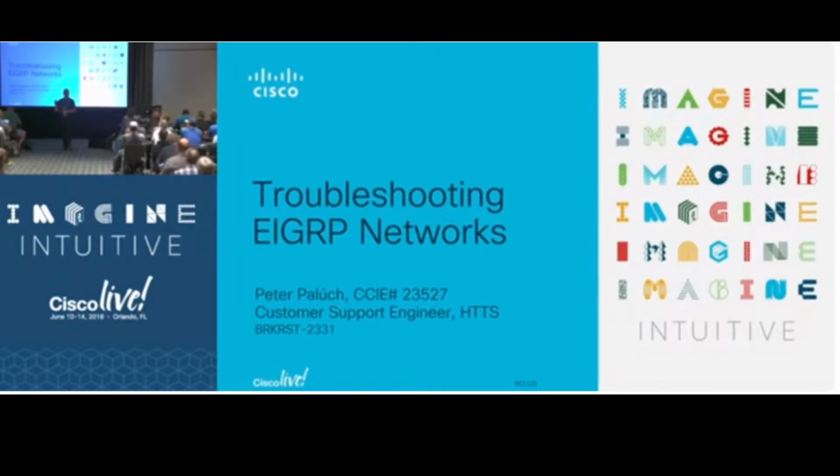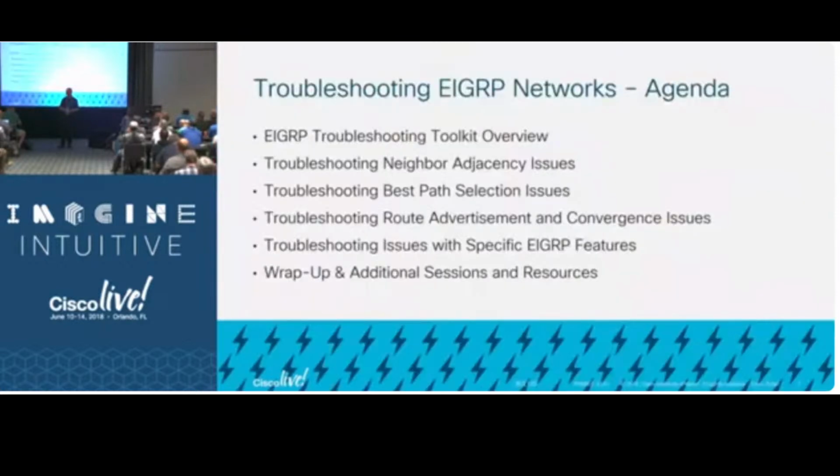By the way, my favorite link state is IS-IS, just in case somebody wondered. So I learned EIGRP in a hard way, but in a rewarding way, and I would like to share some of that with you now.